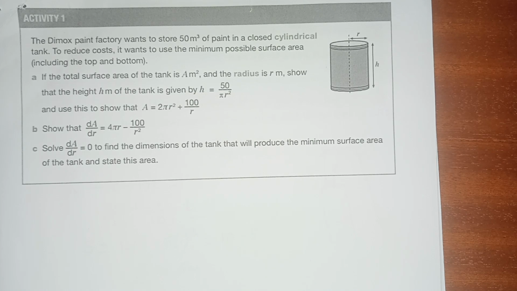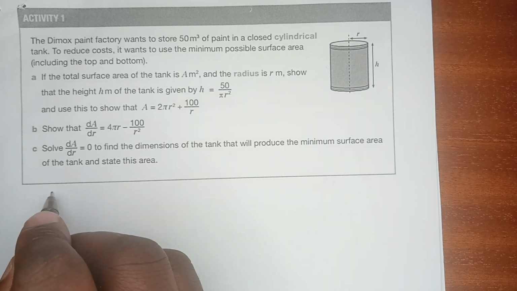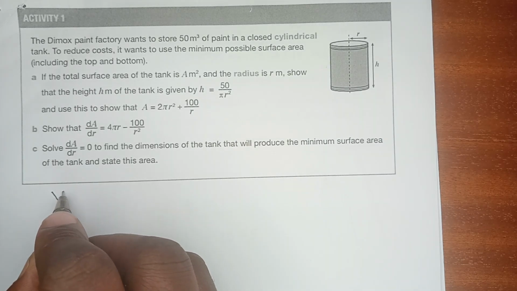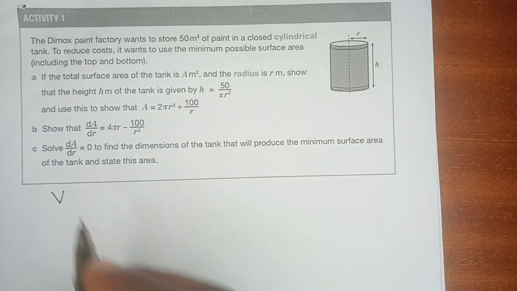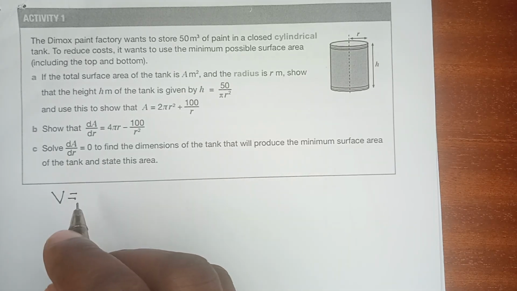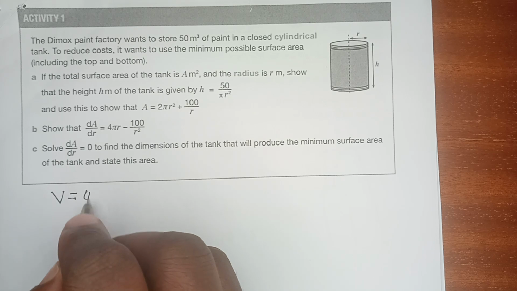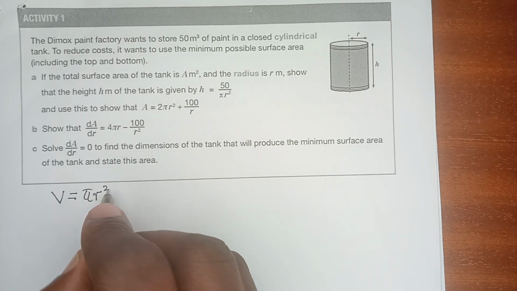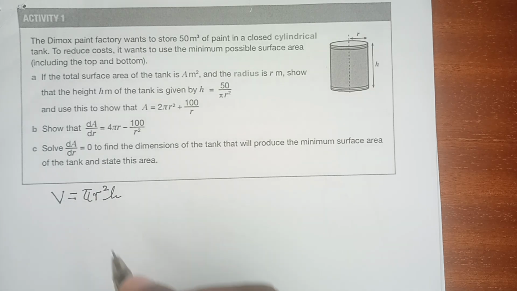There is some fundamental information that we should have, both in the calculations of the surface area of a cylinder and in the calculations of the volume of a cylinder. First of all, the volume of a cylinder, let's call it V, is always equal to the base area, which is pi R squared times the height.